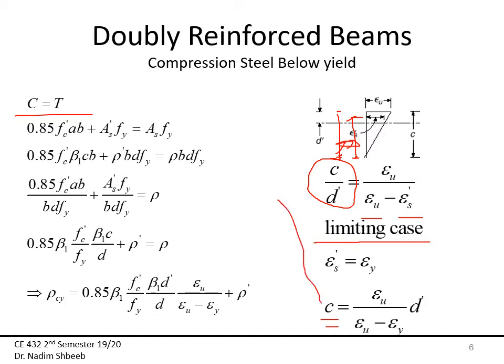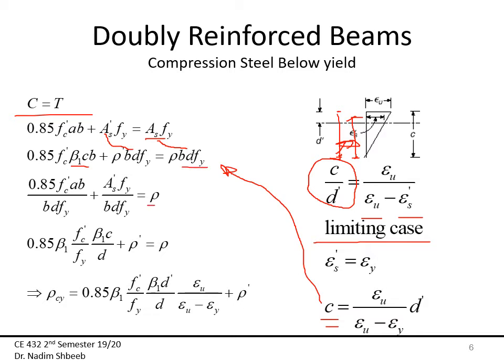So now with that definition of c, I'm going to go back to, again, compression is equal to tension: 0.85 f prime c ab plus A prime s fy is equal to As fy. Replace A s with rho bd, replace A prime s with rho prime bd, and then replace a with beta 1 c.